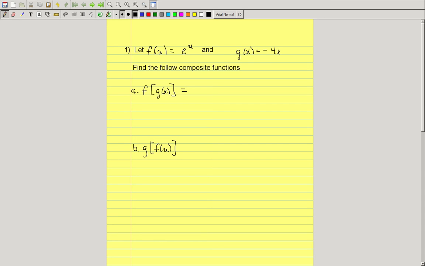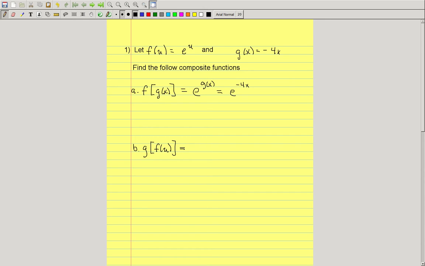First off, we're going to take f of g, which means that we write down our function f, and then we're going to plug into that function wherever u appears the formula for g. So we now replace g of x with its definition, and we get that this composition is e to the negative 4x.